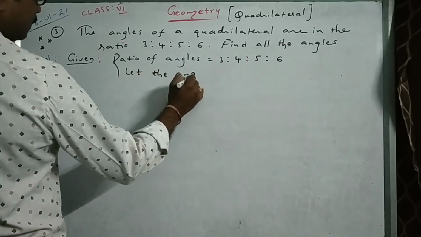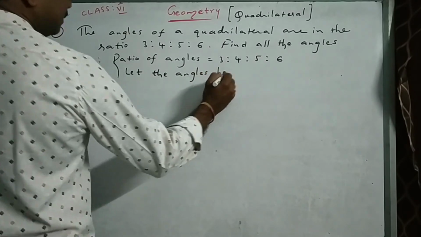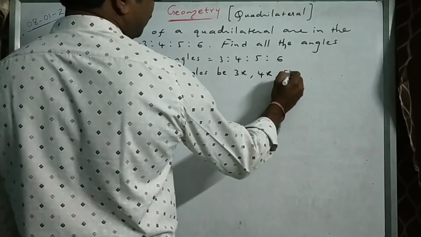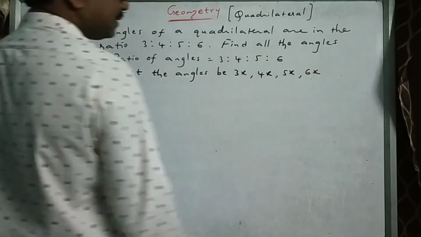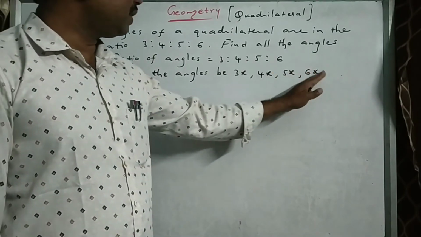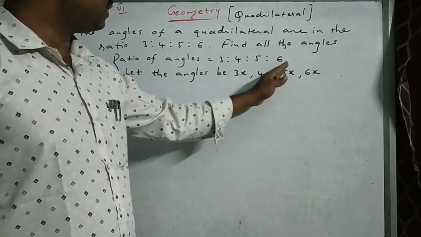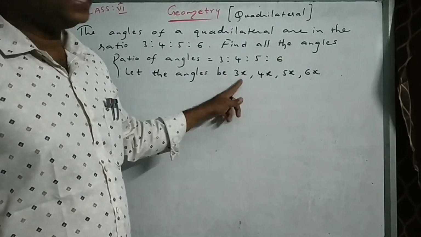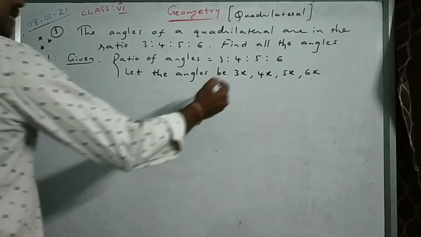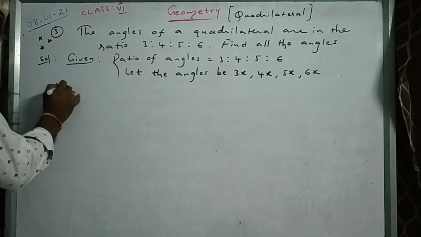If the ratio is given like this, let the angles be 3x, 4x, 5x, 6x. Just take x here; if you take the ratio, x will be cancelled, so remove the ratio and take one variable. These are the angles now.